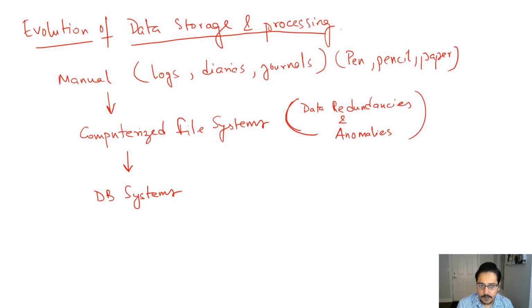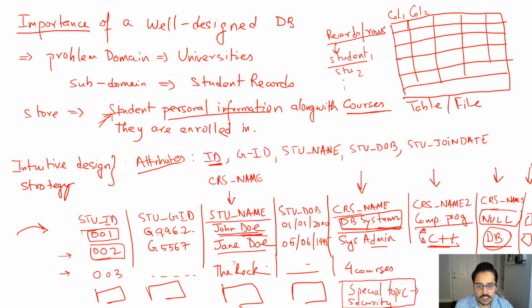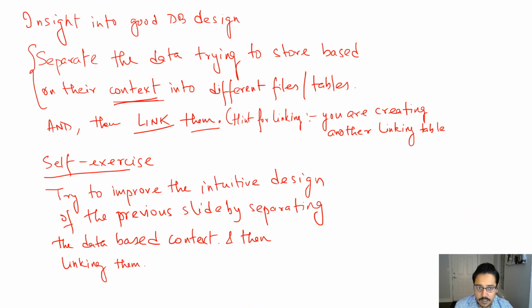Okay, so here specifically we are going to be talking about the computerized file system. The computerized file systems look similar to the intuitive database design that we discussed in this particular slide. The difference from manual file systems was that it was stored in a particular computer.